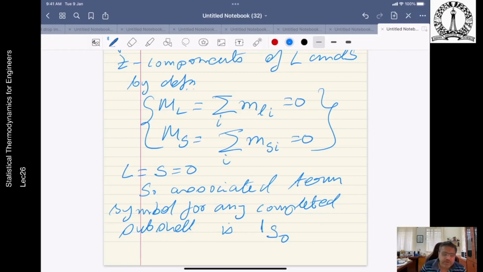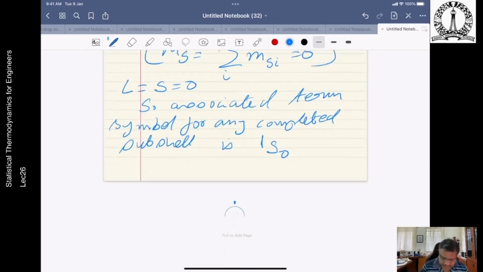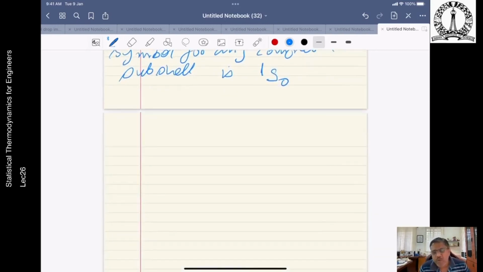Therefore we may safely ignore all quantum numbers affiliated with completely filled inner subshells when determining the relevant term symbols. For the relevant term symbols, we just need the unfilled subshells. For example, for Z equal to 11, that was sodium, the term symbol in this case will be 2S half.